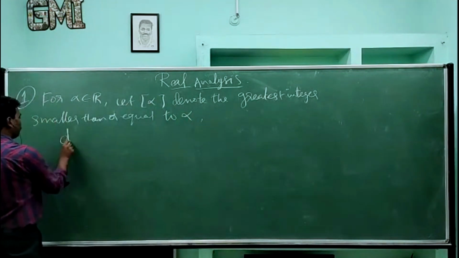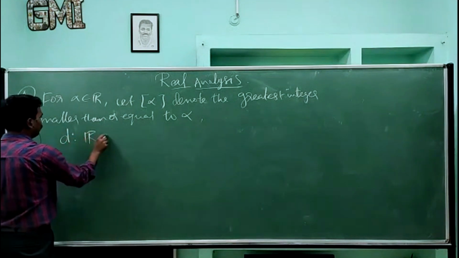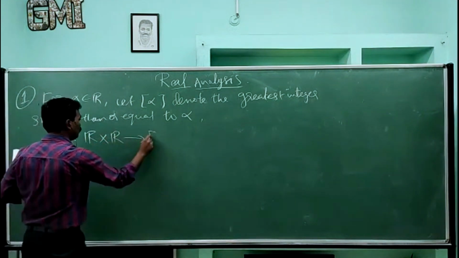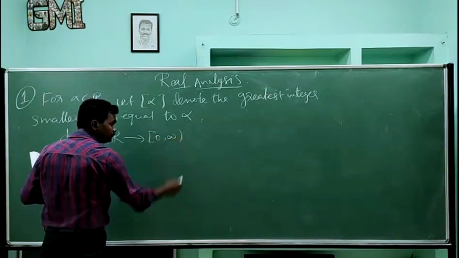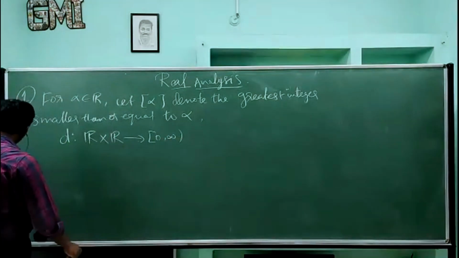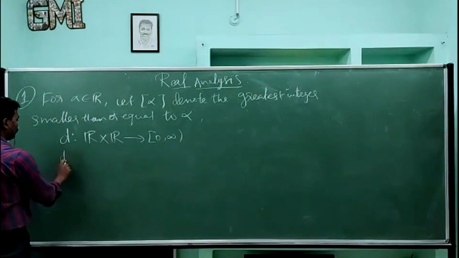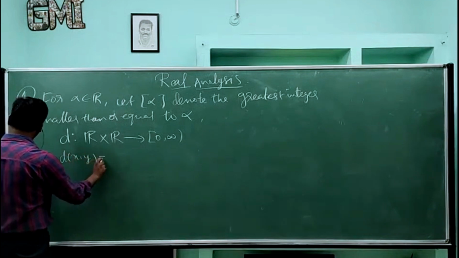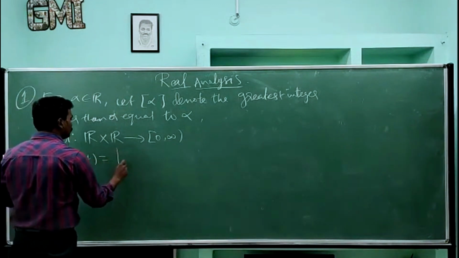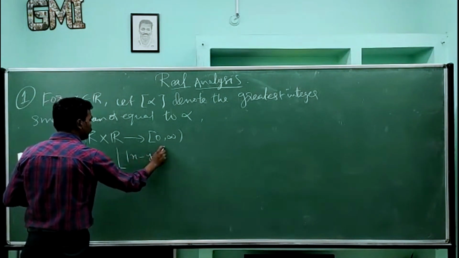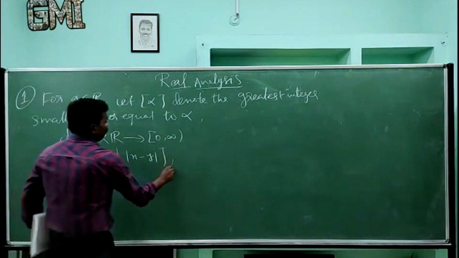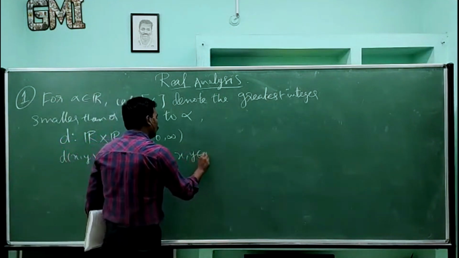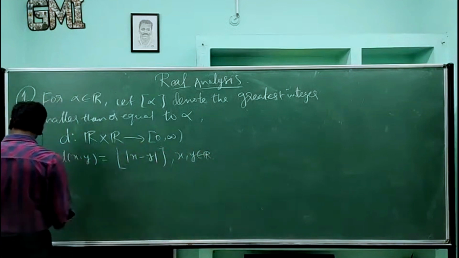Now they define d from R cross R to [0, infinity) by d of x comma y equal to the greatest integer of mod of x minus y, for x comma y in R. I will explain it, don't worry.